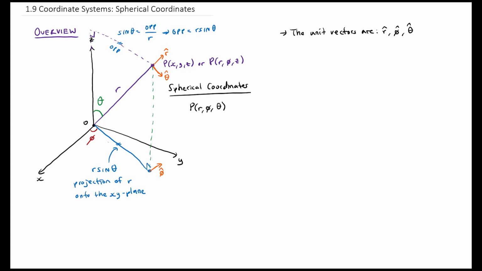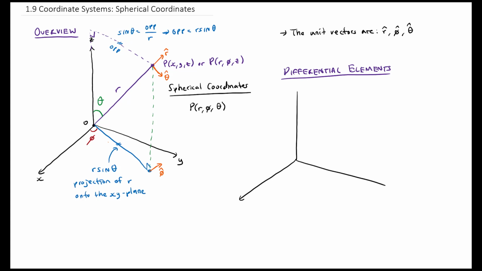So let's just go through differential elements. This is going to be very difficult to draw, but I do have to sketch out the coordinate axes again. So we have x, y, and z.